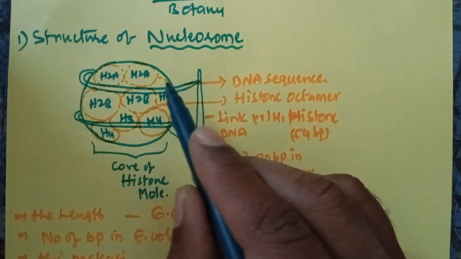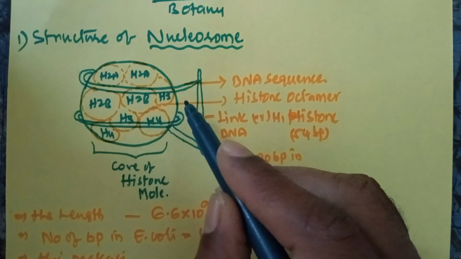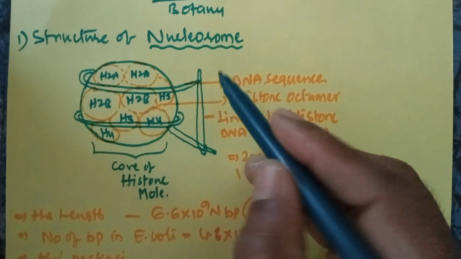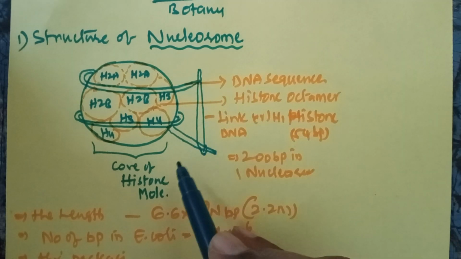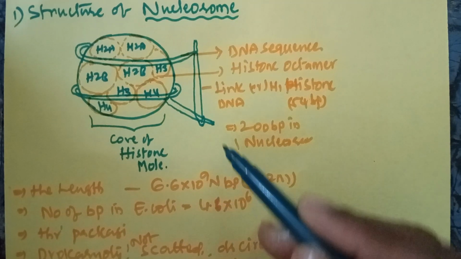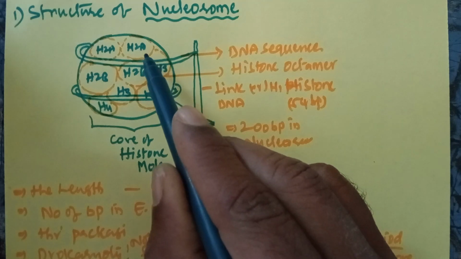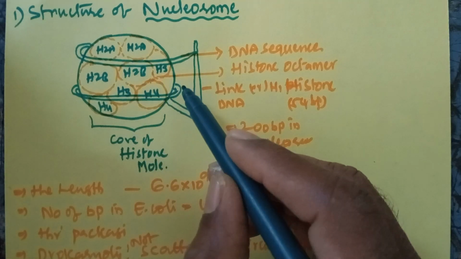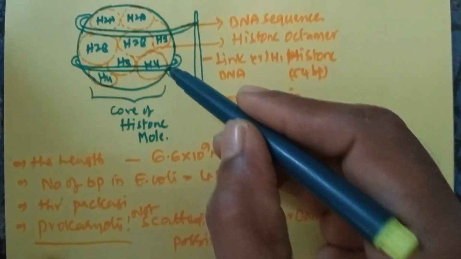In that, the structure of nucleotide group is called nucleosome. So if you see the structure of nucleosome, it is arranged in the nucleus as beads on string.